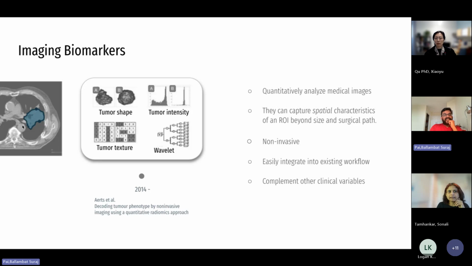Okay, perfect. So if you see this highlighted mask here, this is a mask that outlines the bounds of the tumor. Once you have this mask, you can run certain statistical and mathematical kernels on it to get estimates of different things that you might be interested in. So you could approximate the tumor shape based on that.